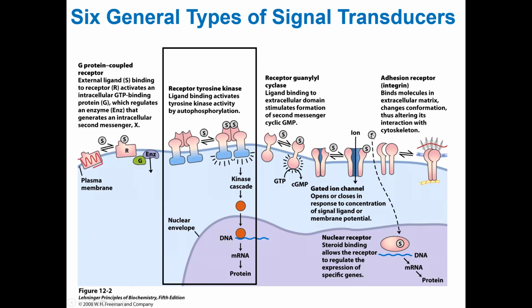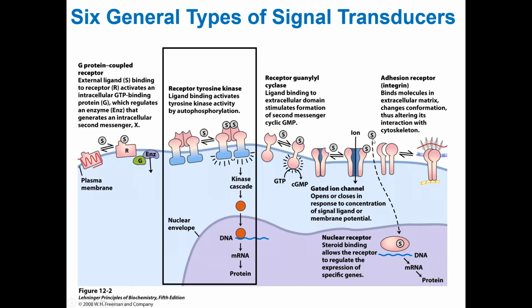The fifth type is a signal which doesn't require any type of interaction at the membrane bilayer. Basically, it's usually a hydrophobic molecule like a steroid that will enter the cell and cross the plasma membrane without any problem, just by being very hydrophobic.